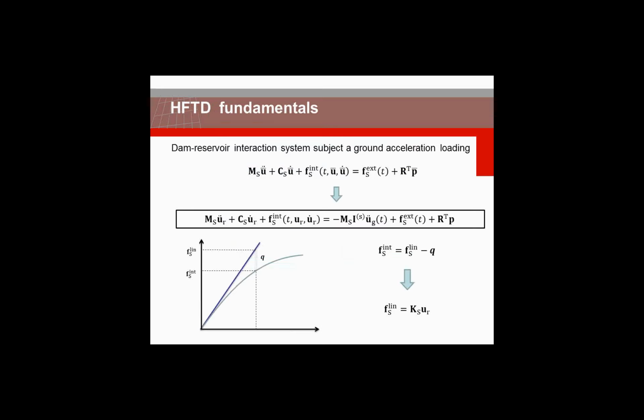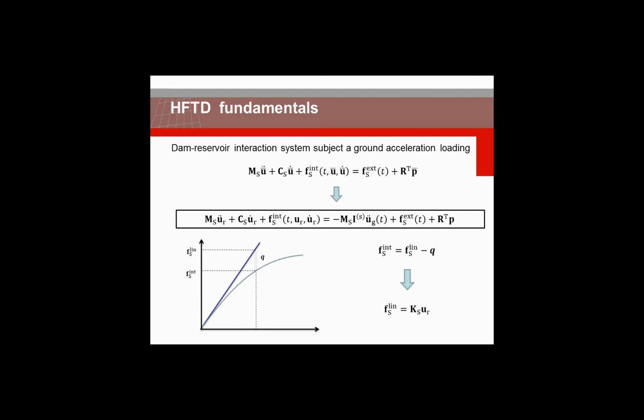To apply HFTD to seismic analysis with a ground acceleration, we have to make some modifications in the last equation of the solid that we presented previously. First of all, we have to introduce the ground acceleration in the right-hand side and express the equation in terms of relative coordinates, as we usually do.